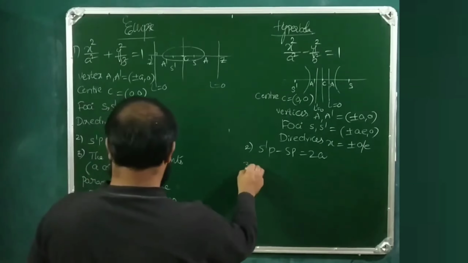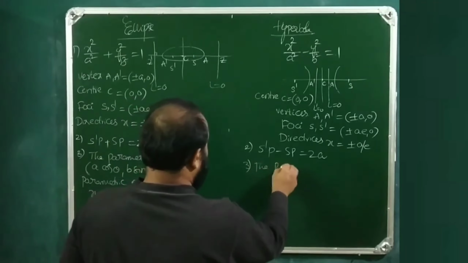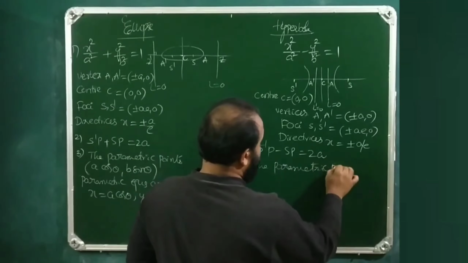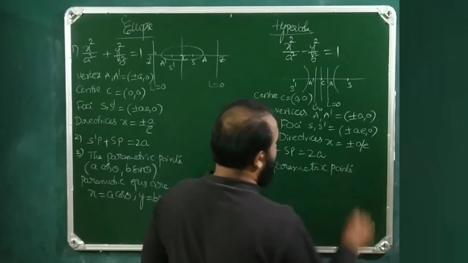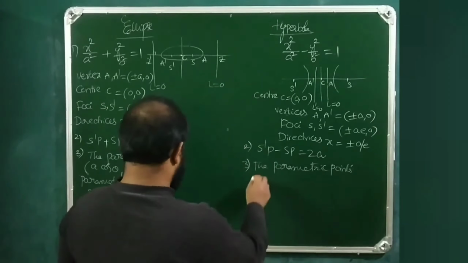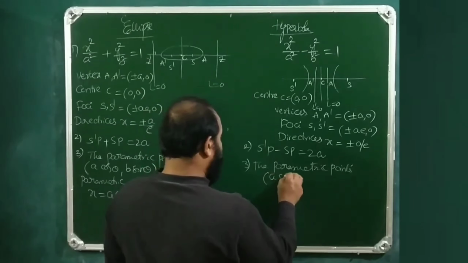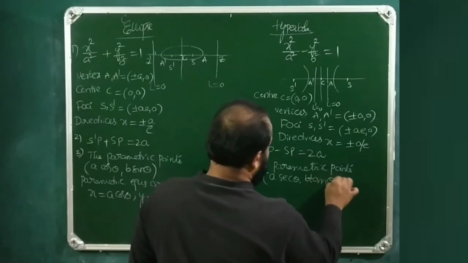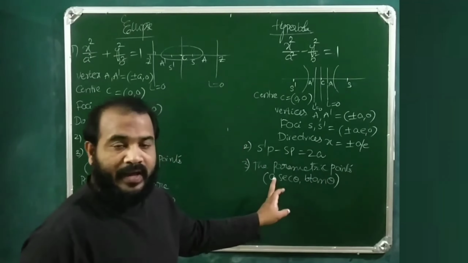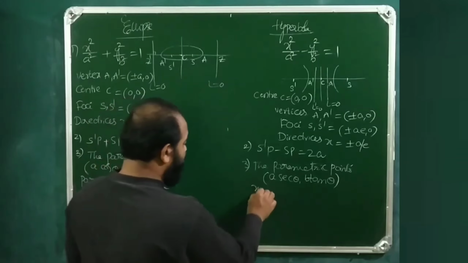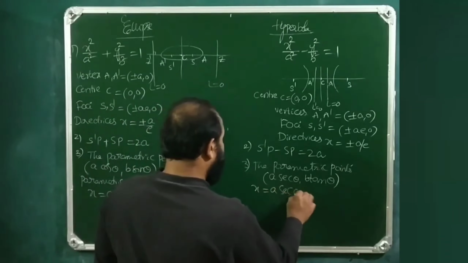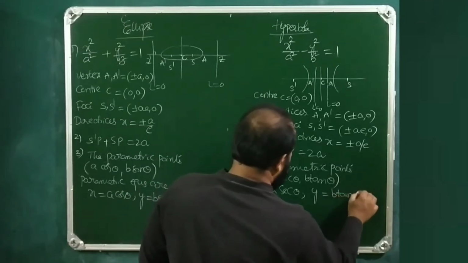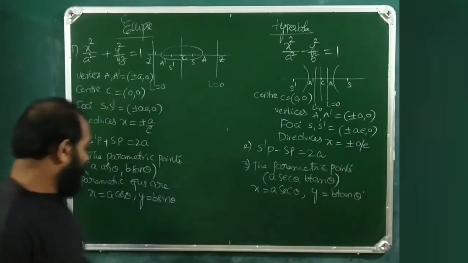Here the parametric point of hyperbola is a secant theta, b tan theta. This is said to be the parametric point, while x equals a secant theta, y equals b tan theta.